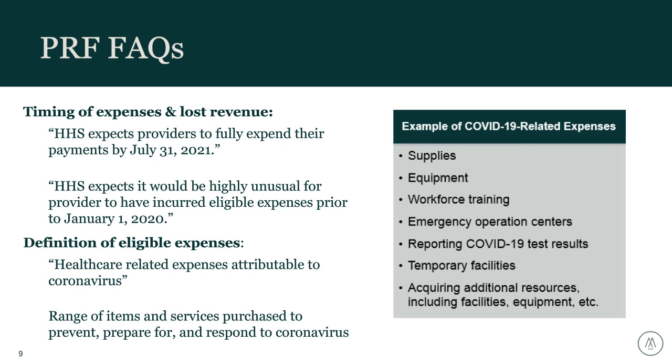Melaney, do you have anything else to add here? Yeah, thanks, Georgia. So also when thinking about the lost revenue component, there is not much in the way of true guidance, like Georgia mentioned, coming from HHS on this. And even as we quoted here from the FAQ document, HHS encourages the use of those funds to cover those lost revenues for maintaining that healthcare capacity.